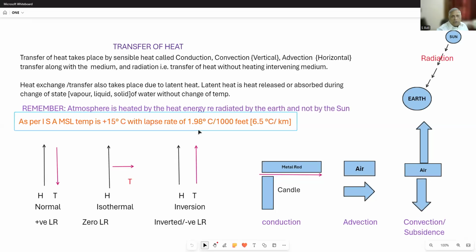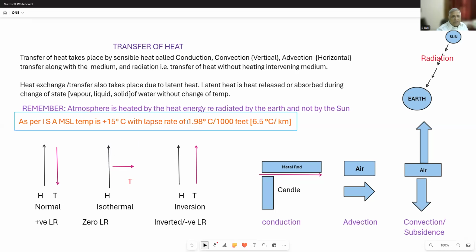Now, we also studied temperature at different places will be different depending on the inclination of the rays of the sun and the specific heat. The average mean sea level temperature all over the world was calculated as plus 15 degrees Celsius, and that is known as the ISA mean sea level temperature.